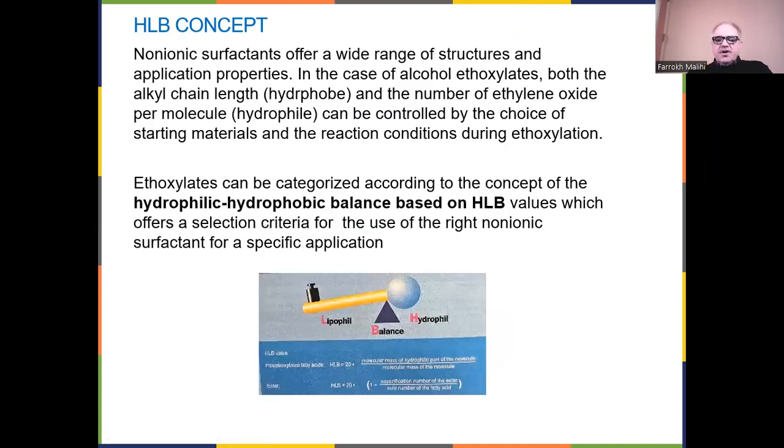This is an interesting concept that relates to non-ionic surfactants. There is a wide range of alcohol ethoxylates, primary non-ionic surfactants in commercial use. And the reason for that is it's possible, by careful selection of raw materials and choice of reaction conditions, to vary the chain length of the hydrophobe and the hydrophile.